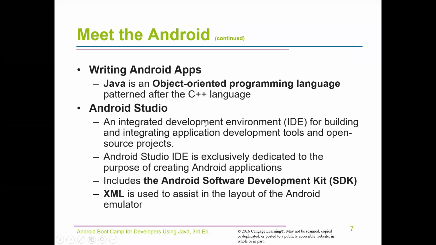In writing Android apps, there's actually a code behind that could create them. We have Java and Kotlin nowadays. Java is an OOP or object-oriented programming language patterned after the C++ language.